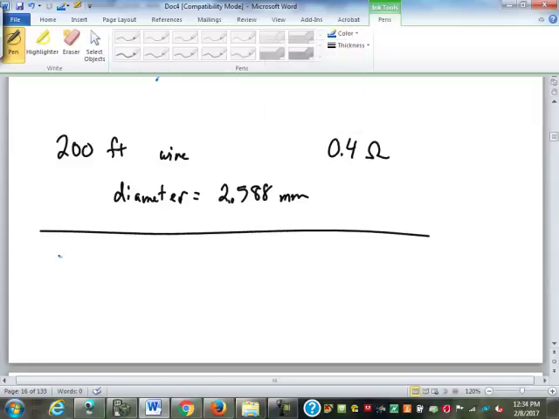You switch it to 200 feet, but we're going to go to 14 gauge. So this was 10 gauge. We're going to switch it out to 14 gauge wire. It has a diameter of 1.628 millimeters.